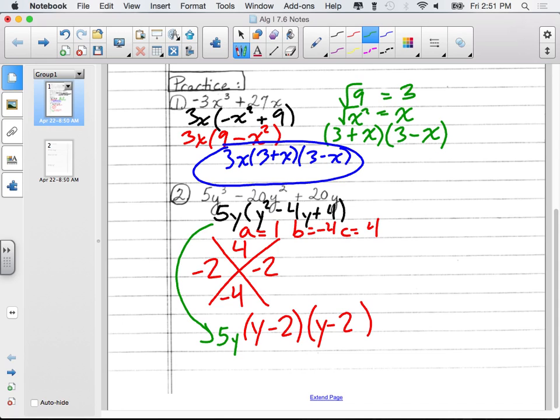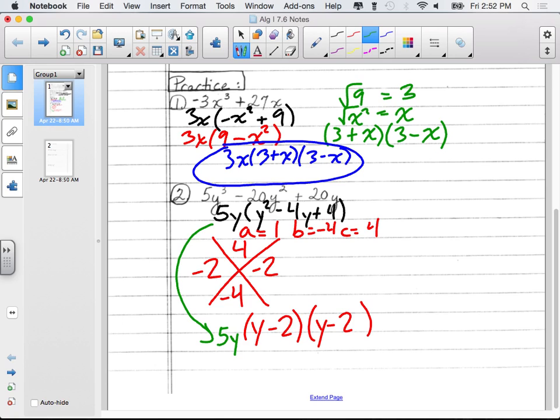Y times y is y squared, y times negative 2 is negative 2y, and then negative 2 times y is negative 2y, and then negative 2 times negative 2 is 4. Right, so they both have to be 1y. I think we forgot to recognize that A was 1 this time, so that's why we could go directly to writing the factors. We've also been doing it when A is not equal to 1 and it's easy to get them mixed up. So when A is equal to 1, that's the easy one. Not as much work.